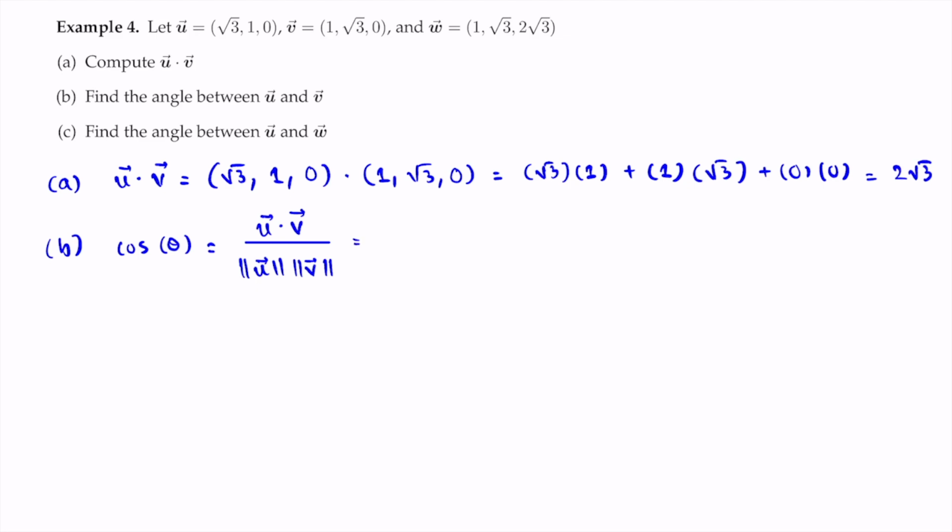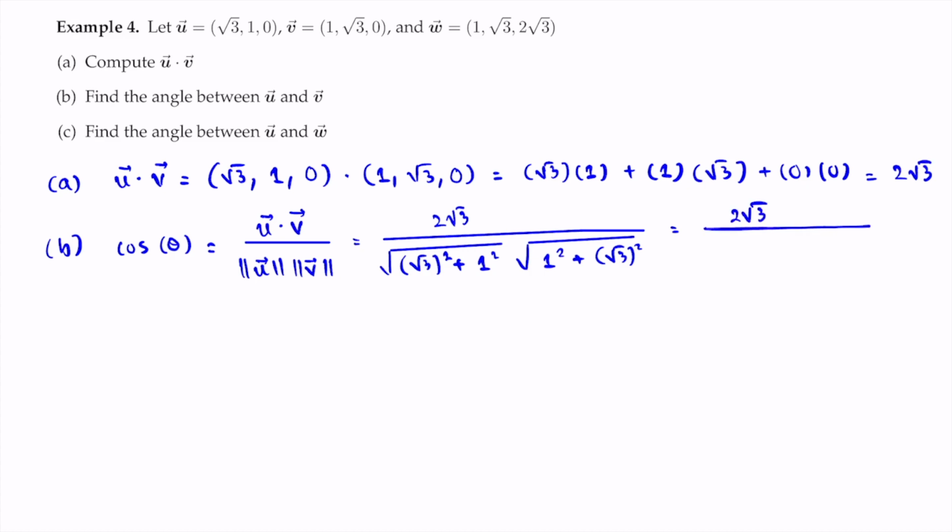So u dot with v we got right here, which is 2 times root 3, altogether divided by the magnitude of u, which is the square root of root 3 squared plus 1 squared plus 0 squared, times the magnitude of v, which is the square root of 1 squared plus root 3 squared. In the numerator, you got 2 times root 3.